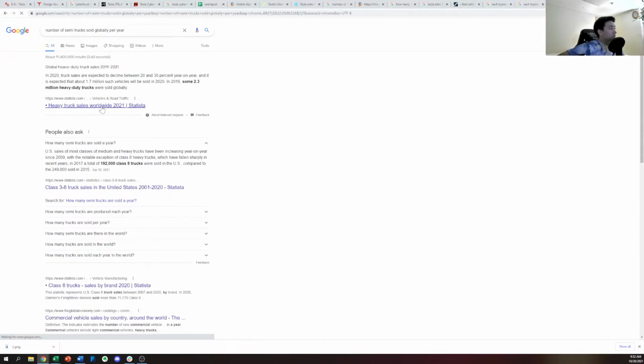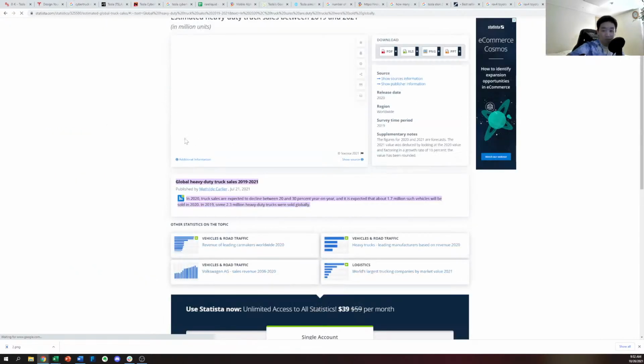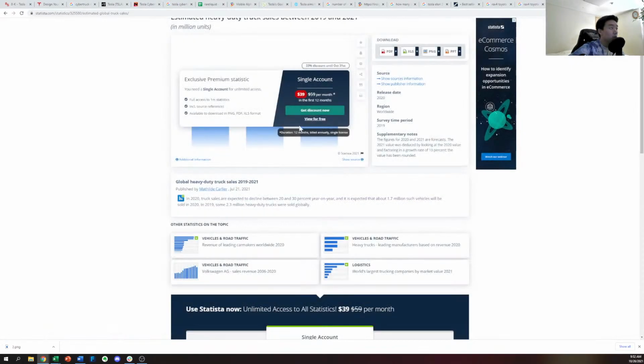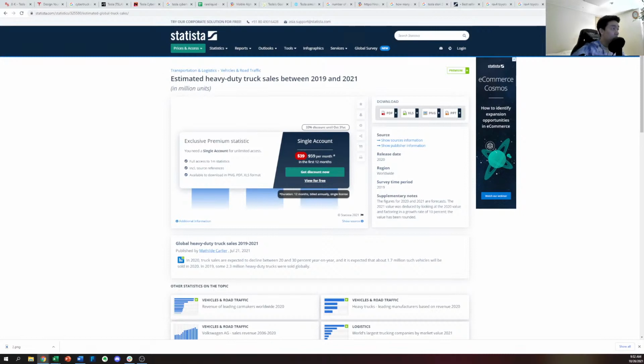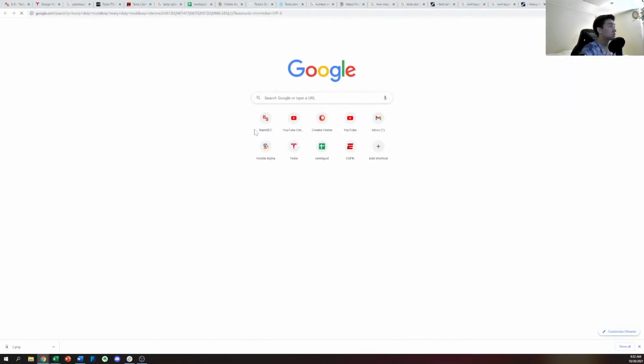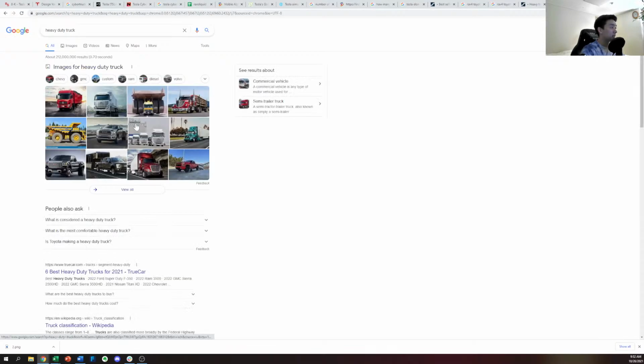Heavy truck sales, I don't know if this is semi trucks. Heavy duty, what is a heavy duty truck? Oh, okay. It is that.